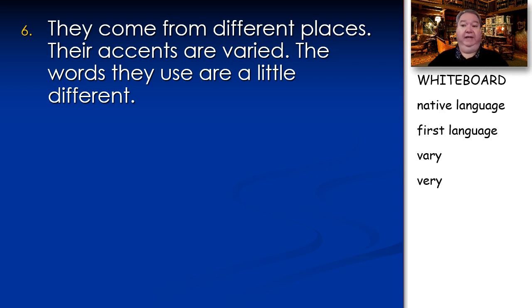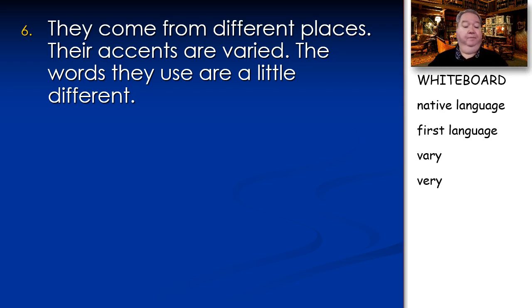Just like in Korea, even though it's geographically a small country, there are differences between the Seoul accent and the Busan accent. And I know that some of the words or phrases that people use are also different. Just as North Korea, same language, Korean, but a lot of differences in pronunciation and vocabulary and expressions.